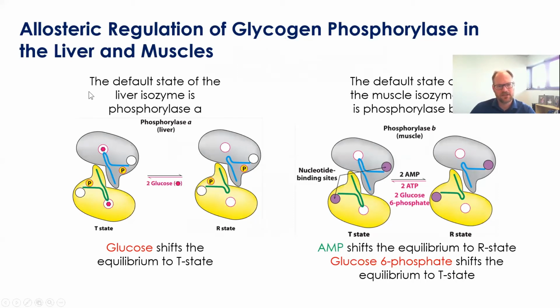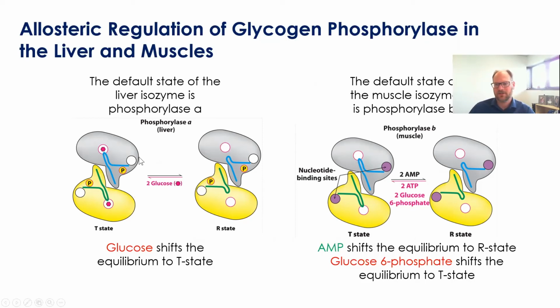Okay, so by default, the liver enzyme is normally in the phosphorylase A form. And in this state, if it binds glucose, it tends to shift it here towards this inactive form. And that makes sense. Glucose is the end product of glycogenolysis.